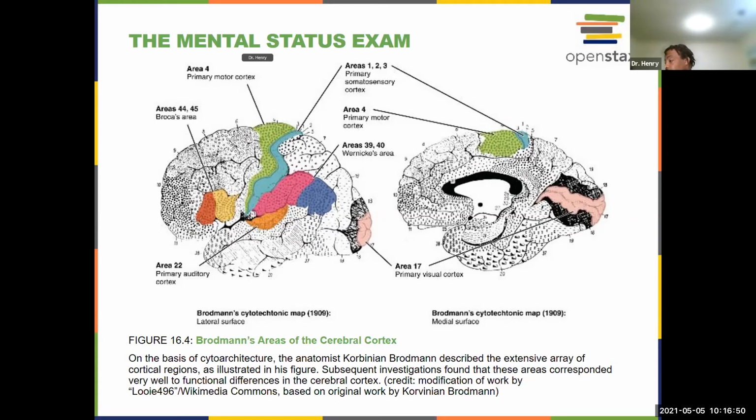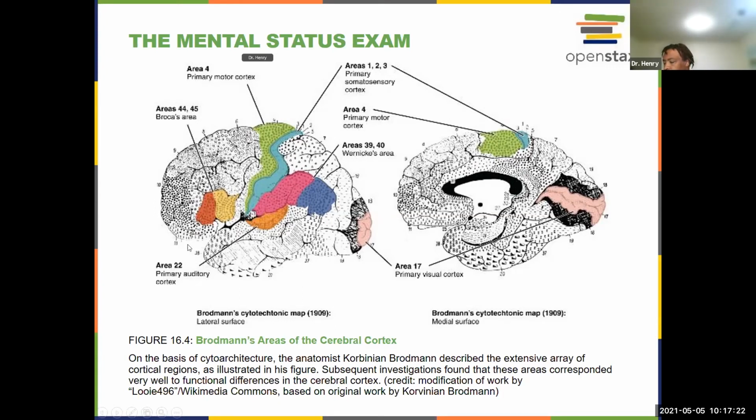Okay, in areas, let's say 1, 2, and 3, like I said, those are going to be our sensory areas. Area 4 is going to be our primary motor cortex, and area 6 is going to be our premotor cortex.